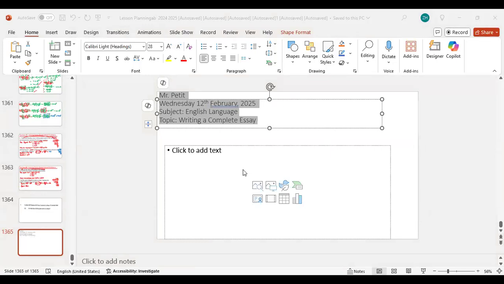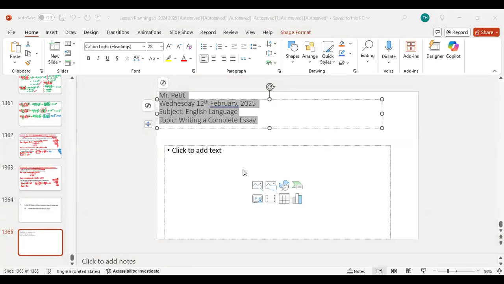This is very important. Some of you do not know how to write a complete essay from start to finish. And we are going to write one tonight. So make space to write a complete essay.